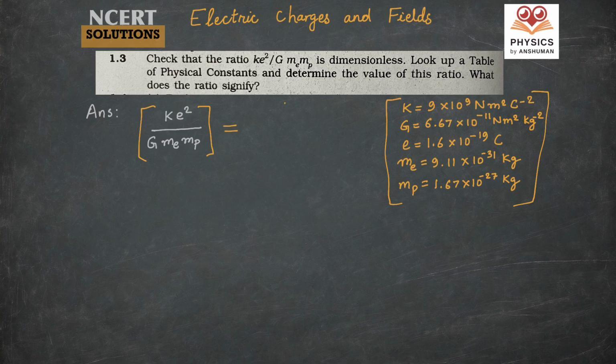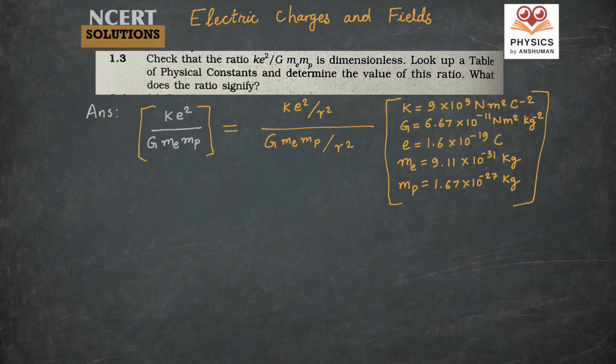Let us see k e² as k e² divided by r², the distance squared. And let us see G m_e m_p as G m_e m_p divided by r². So we are not making any change in the ratio. We are dividing the numerator and denominator by the same quantity, that is r², so we are not really changing the ratio.